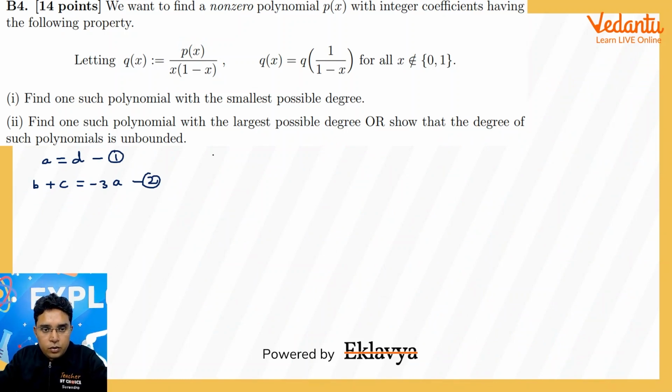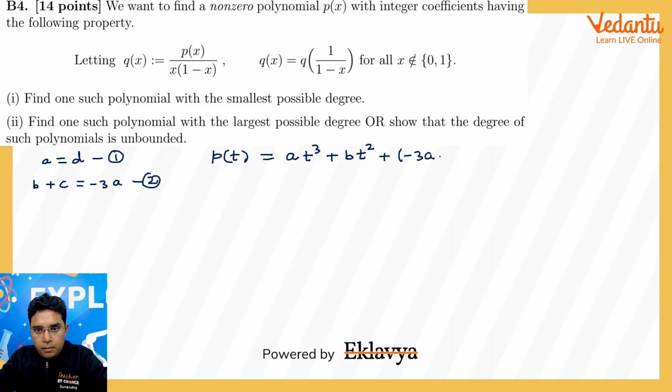So what we need to do is write the leading coefficient, suppose it is a, then the term b can be anything, but then the next c will be just minus 3a minus b into t, and the constant term will be a only.